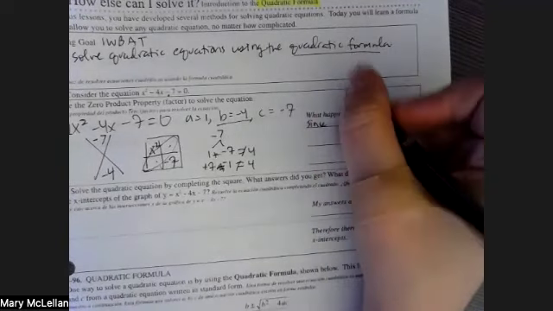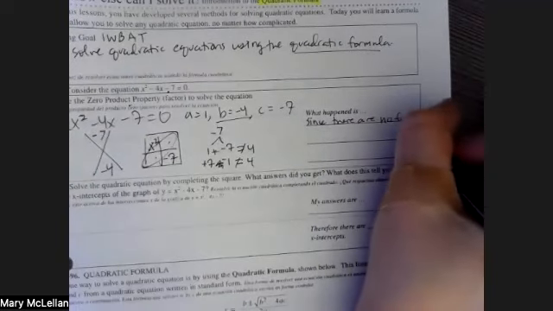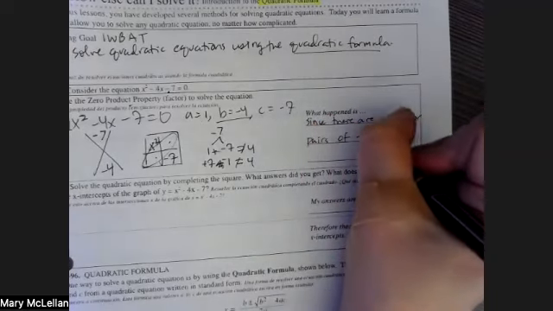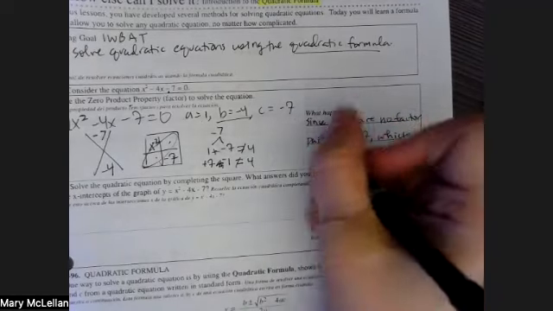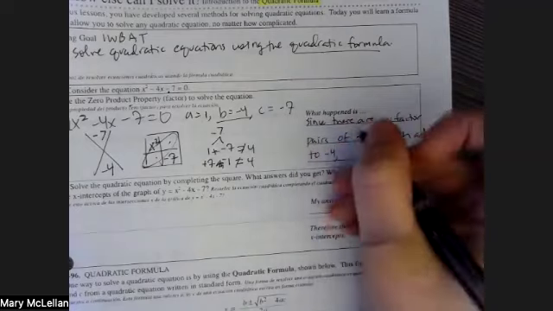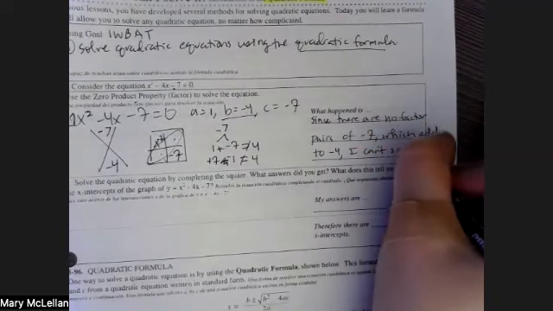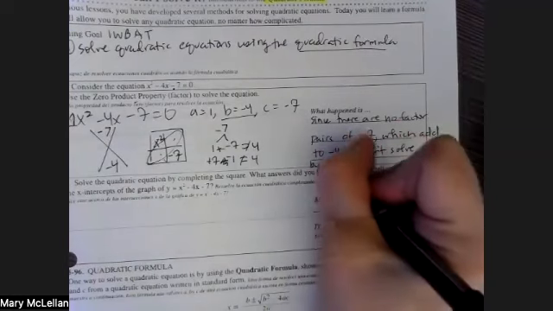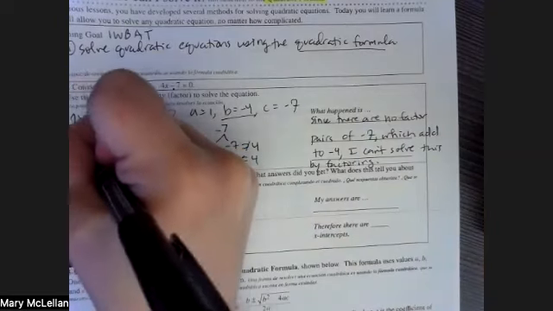What's happening is, since there are no factor pairs of -7 which add to -4, I can't solve this by factoring. Not solvable by factoring.